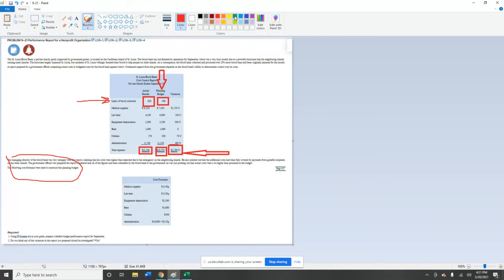So somebody smart like you would say, well, this is nothing, right? This cost variance of 2790 could be totally based on the activity variance, but we don't know because we don't have an activity variance yet. Or it could be actually a spending variance that we need to look into.